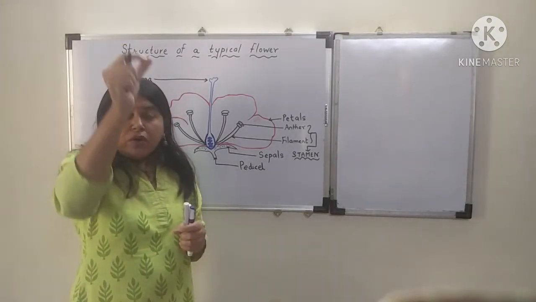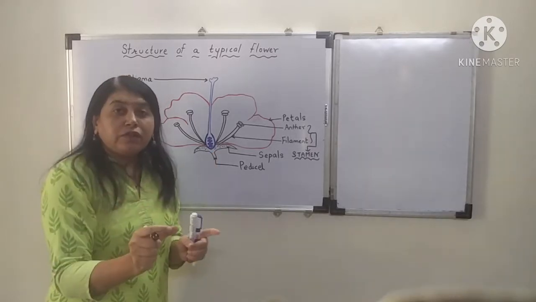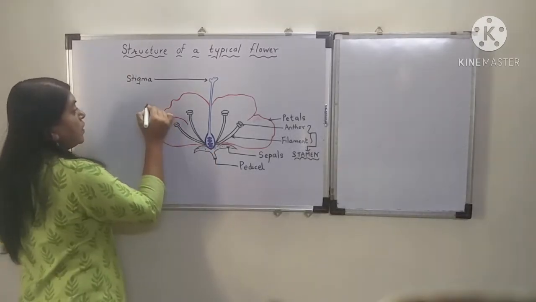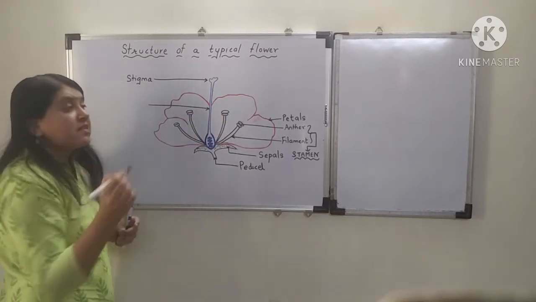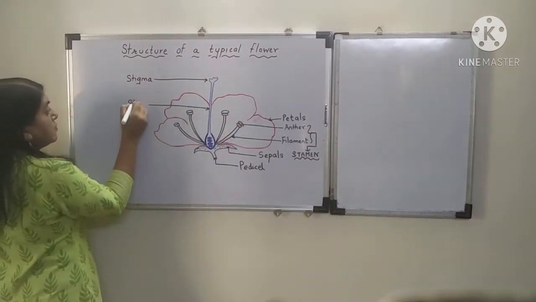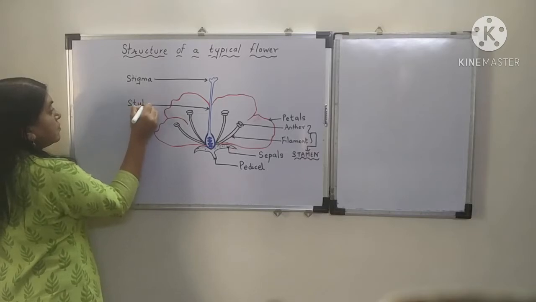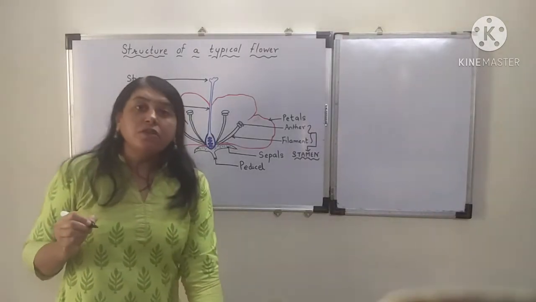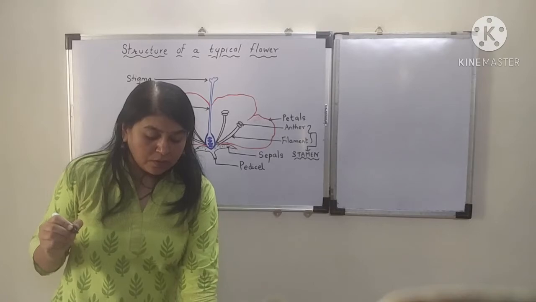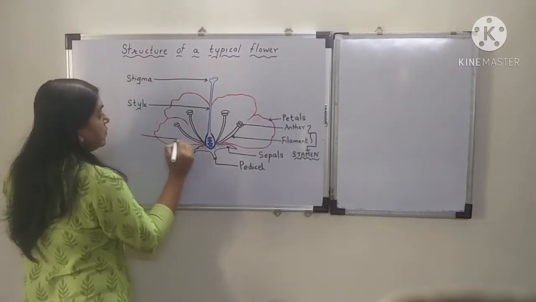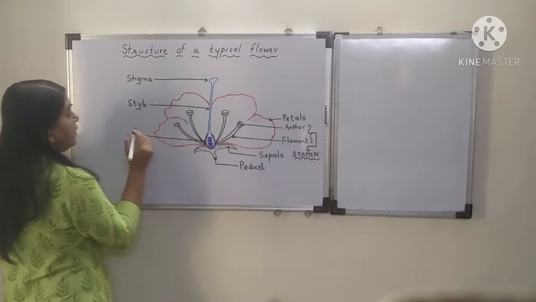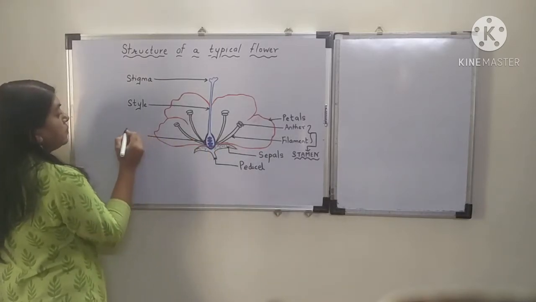Then the long two parallel lines which we have drawn, a tube-like structure, this part, we will label it as style, and the base of the flower, this part, we will label it as the ovary.